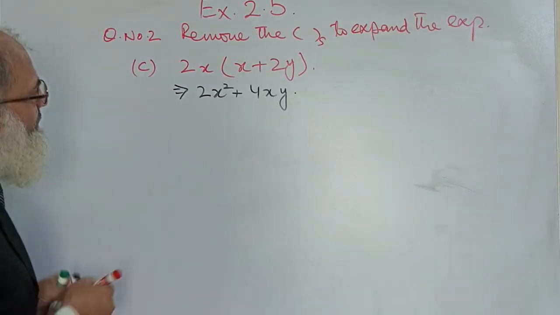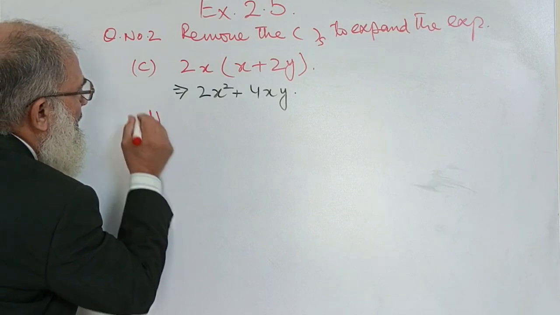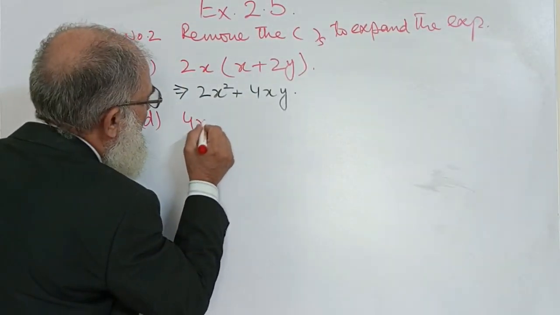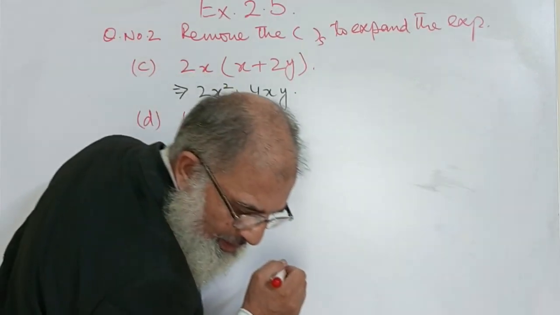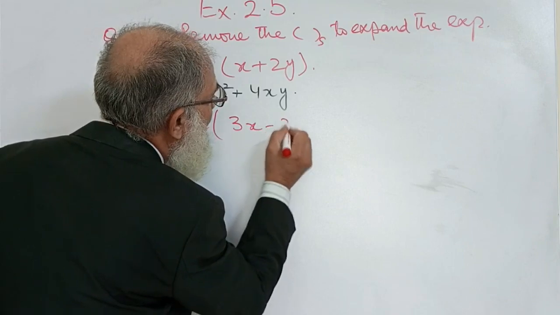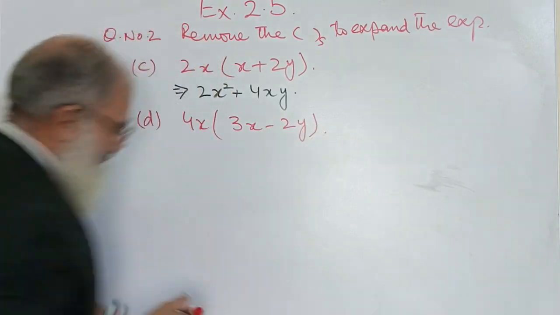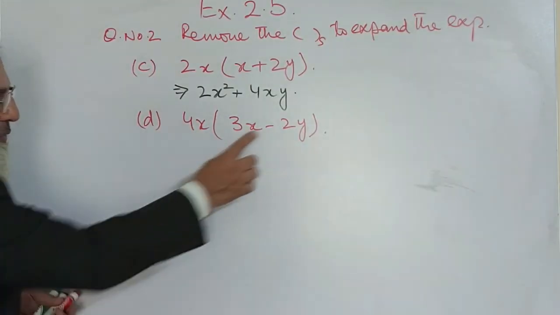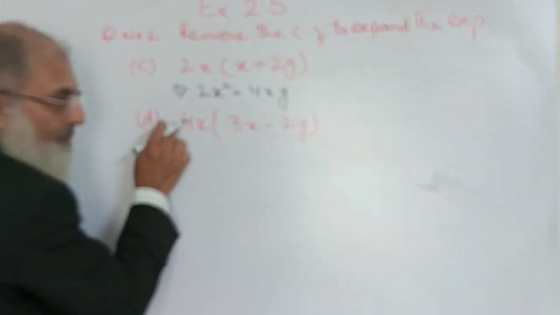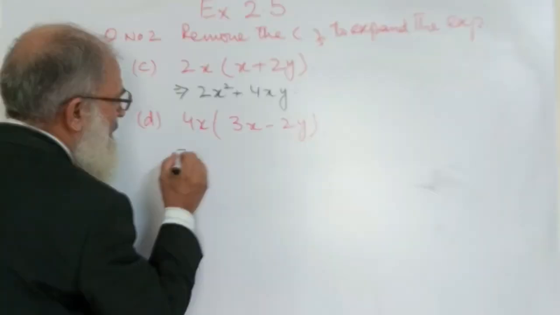Part D. Part D is 4x and 3x minus 2y. Now you see that minus has appeared in our question, and here we have a plus over here.